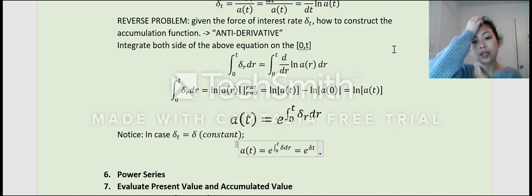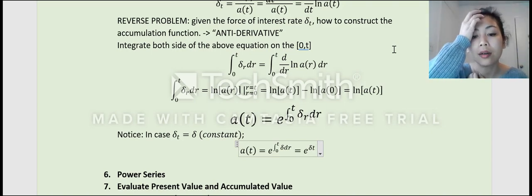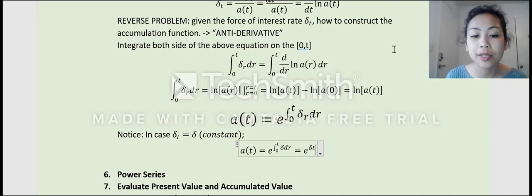See that? So this is how you calculate the accumulation function based on the force of interest rates.